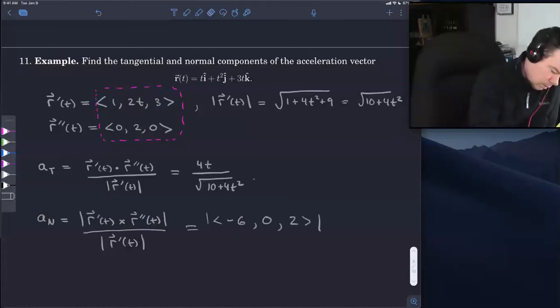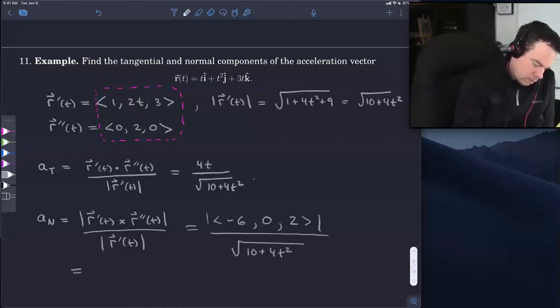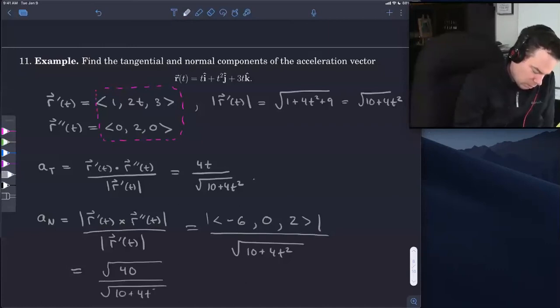And so there is my cross product. And again, we've got the root 10 plus 4t squared on the bottom. And so the magnitude of this is the square root of 36 plus 4, or in other words, the square root of 40, all over the square root of 10 plus 4t squared.